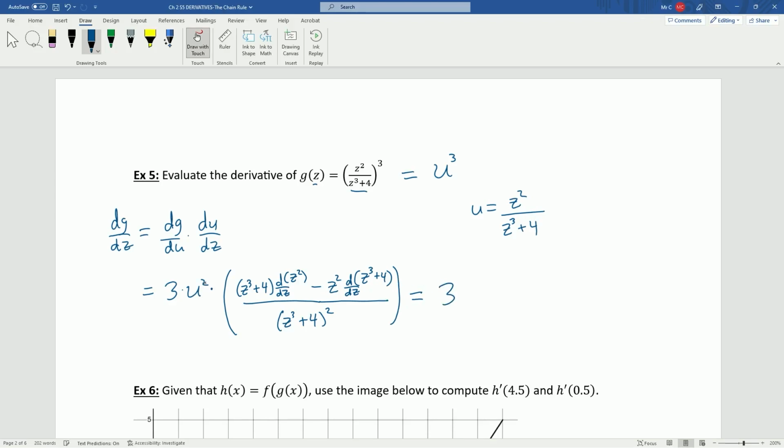Okay, I plug u back in, so I get 3 times z squared over z cubed plus 4 squared times z cubed plus 4 times 2z minus z squared, and the derivative of this will be 3z squared.